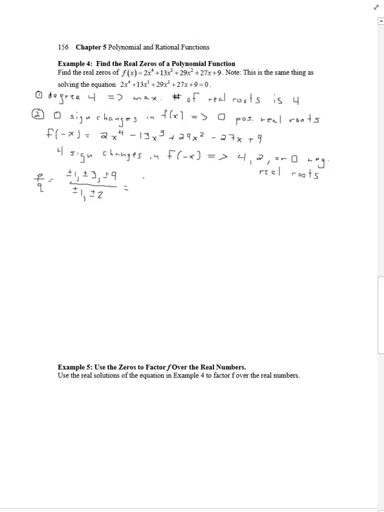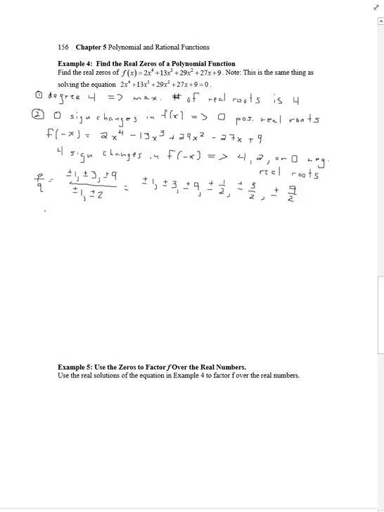So that means P's over Q's, we have plus minus 1, plus minus 3, plus minus 9, plus minus 1/2, plus minus 3/2, and plus or minus 9/2. Now remember, we do not have to test any of those positive numbers because from Descartes' rule of signs, we know that we have 0 positive real roots. So we only need to test the negative ones.